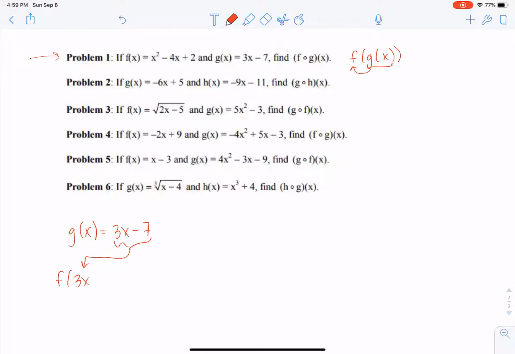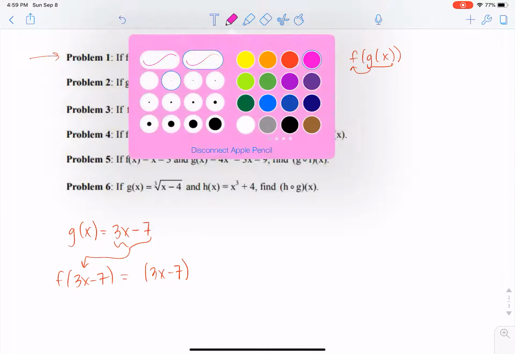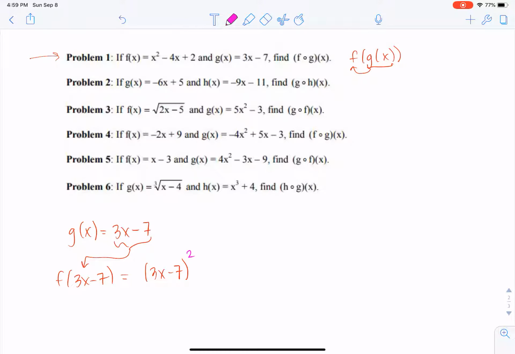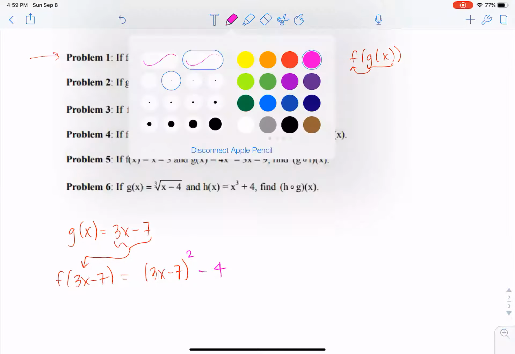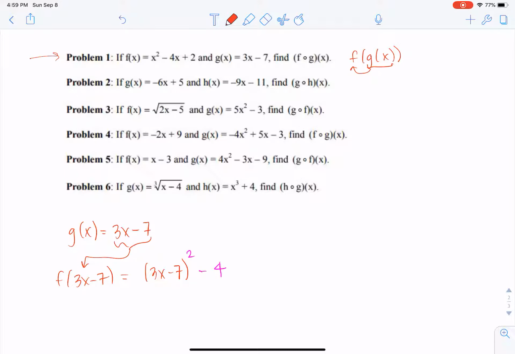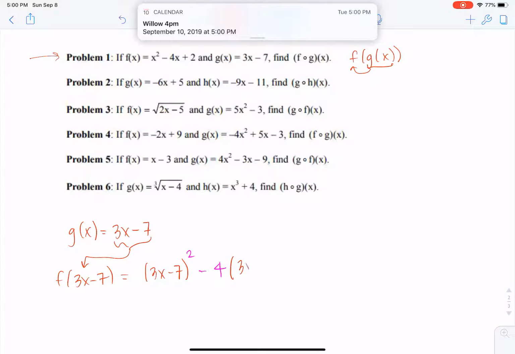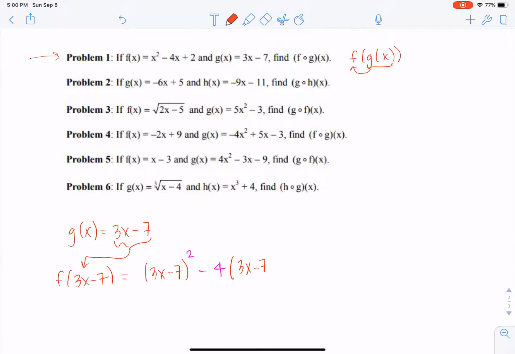So f of 3x minus 7. I think if we switch colors here, it will give you a really nice visual. This will become 3x minus 7, and we'll come over here to a nice pink color, squared minus 4, and we'll go back to our red because that's part of my g function, 3x minus 7, and back to my pink function, which will give me plus 2.